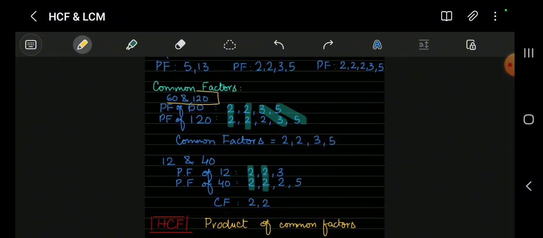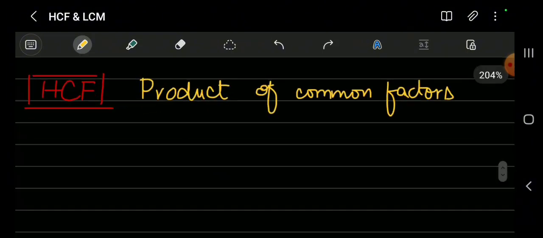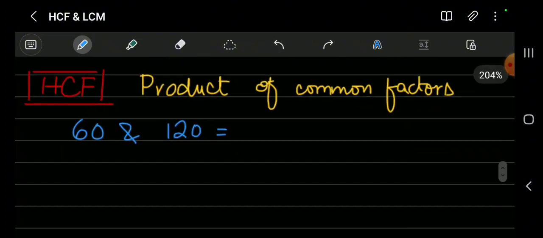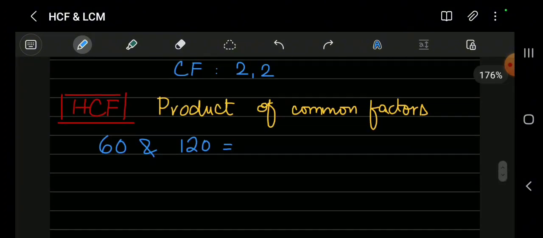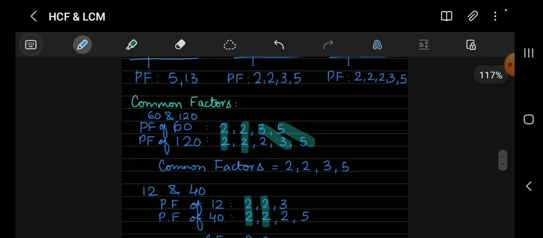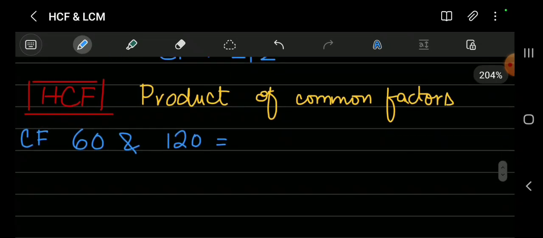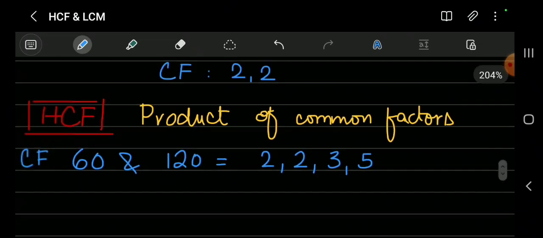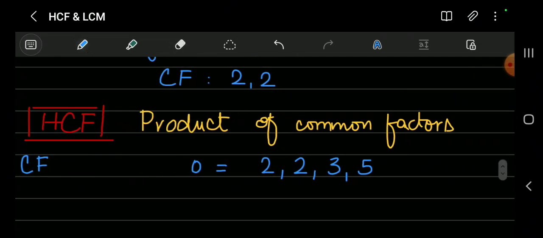So HCF of 60 and 120. The common factors are 2, 2, 3 and 5. Common factors of 60 and 120.